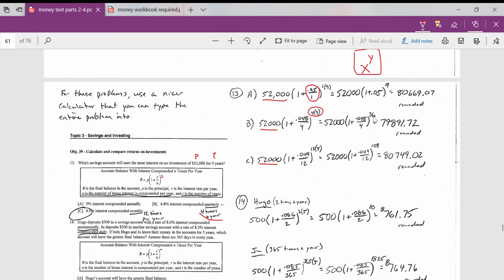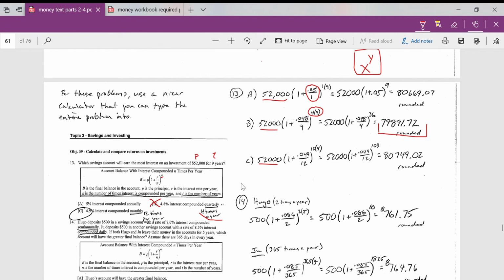Again, you're going to get another long decimal, times that by 52,000, and you should get this answer. So far we know this is less than A. We started out the same, so A has earned more than B. So letter B at this point in time is out.